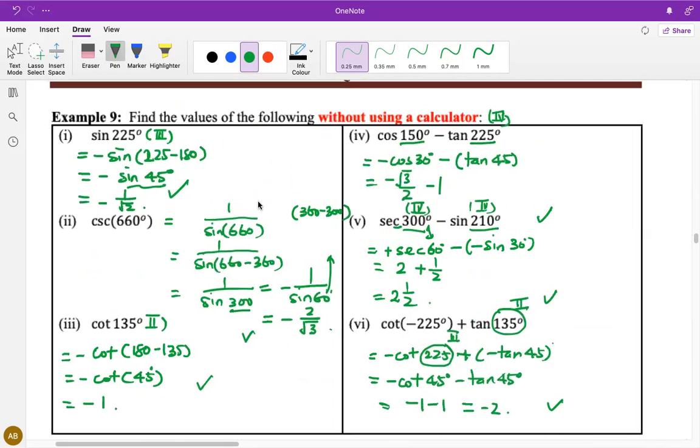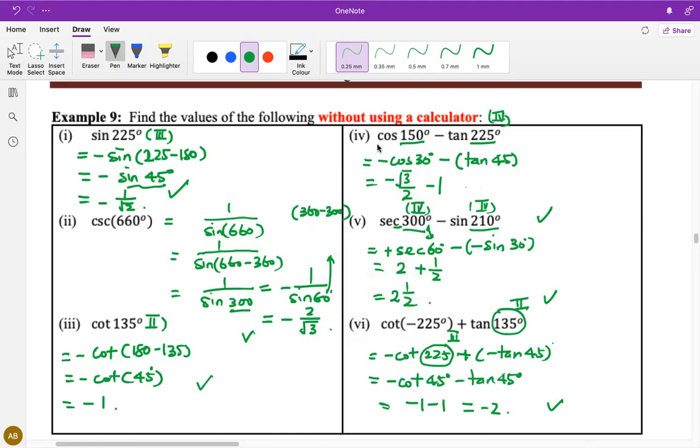This one here involves special angles. That means you need to remember the values, but the steps are still the same. You see, cos 150 is negative cos 30, then tangent 225 is positive tangent 45 degrees.